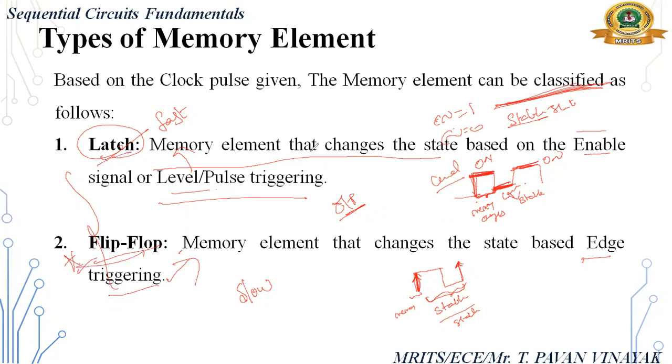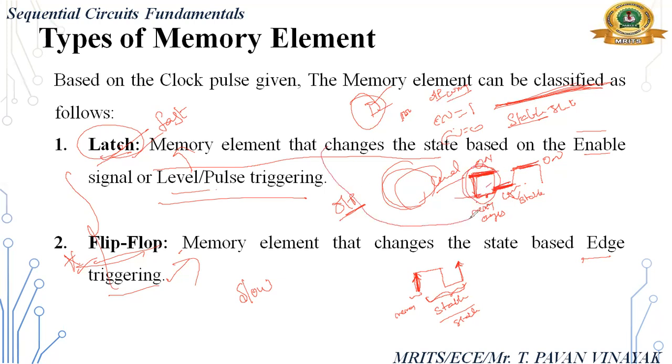Mostly we prefer flip flops only, because in a latch the memory always changes. Suppose, as we learned in hazards, if there are some delays in the combinational circuit, the output will be wrong. We get small glitches like this. Those glitches will occur in latches because when enable is on, the memory changes the output during this entire time.